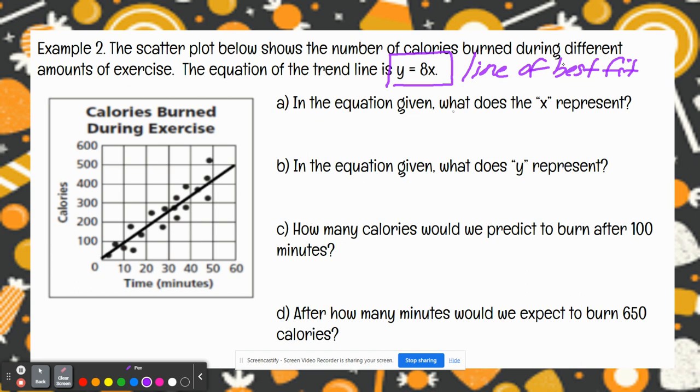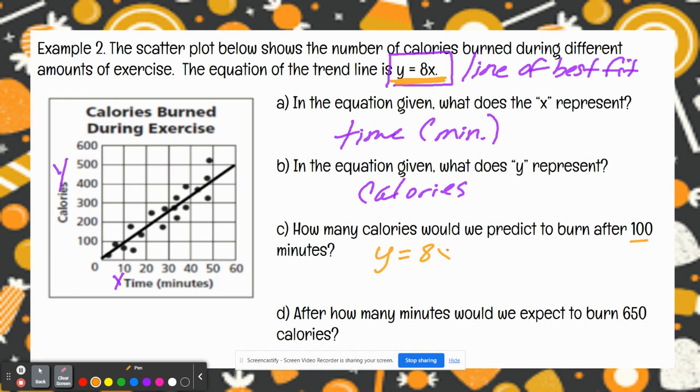It says, in the equation given, what does x represent? Well, x is down on the bottom, so that is our time, specifically minutes. In the equation given, what does y represent? y is the calories. How many calories would we predict to burn after 100 minutes? Rather than using our trend line, since we already have our equation, y equals 8x, we're going to use the equation, our line of best fit.